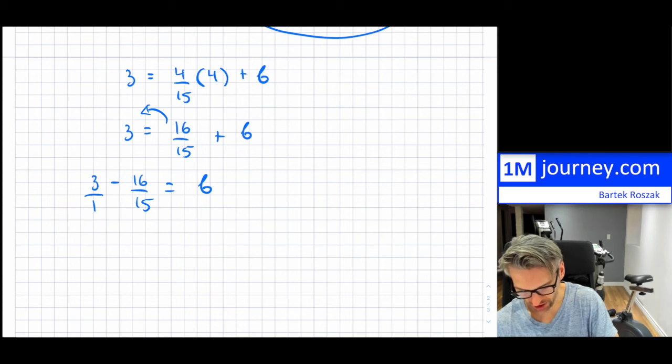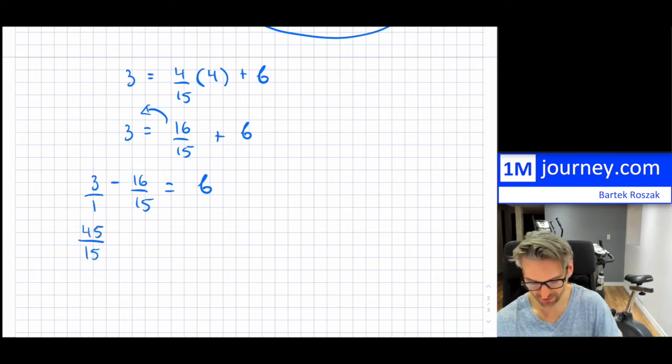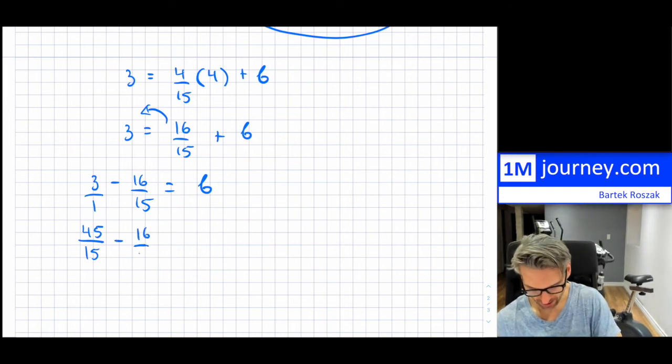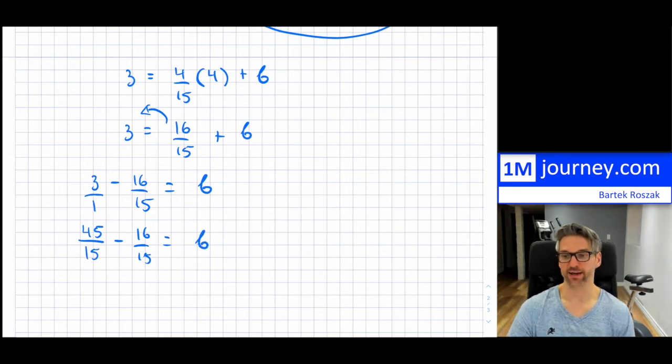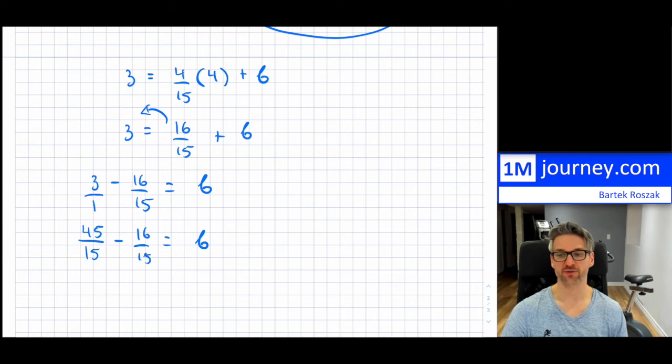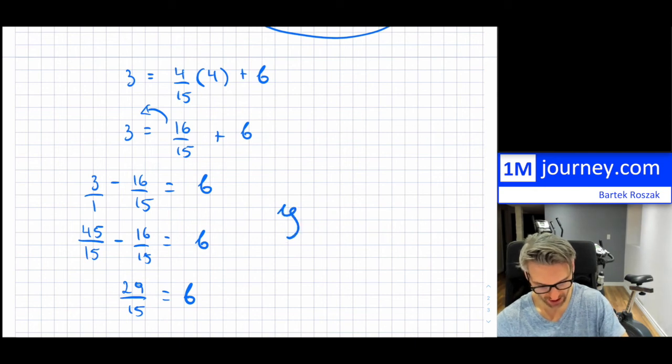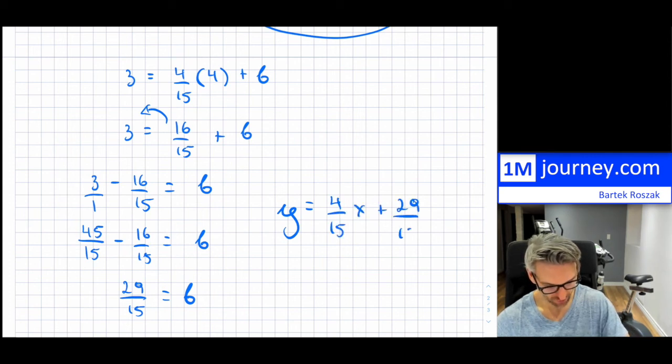So changing the denominator to 15, that's going to make this 45, because 45 divided by 15 is 3, minus 16 over 15 is equal to b. So now you're going to get 45 minus 16, so that's 29. This is going to be 29 over 15 is equal to b, and there you have your equation of the line. So this is going to be 4 over 15 x plus 29 over 15.